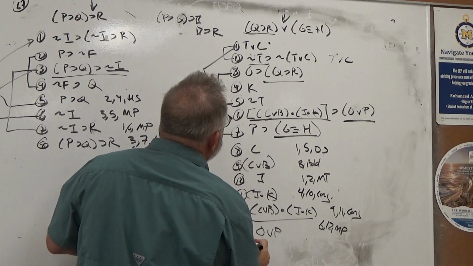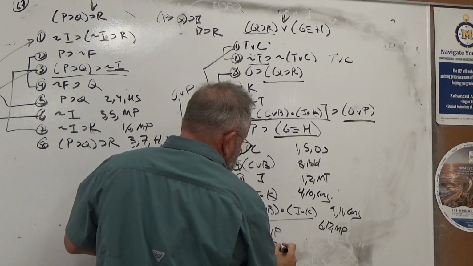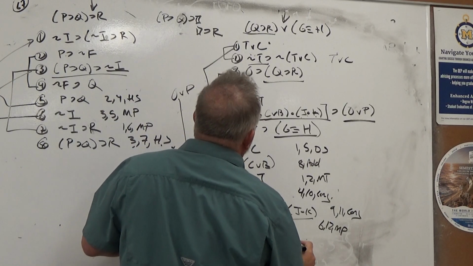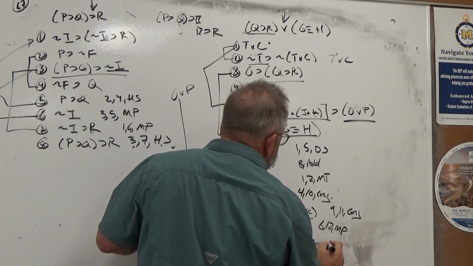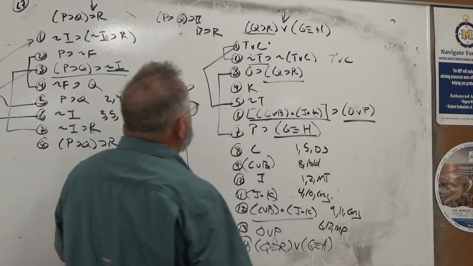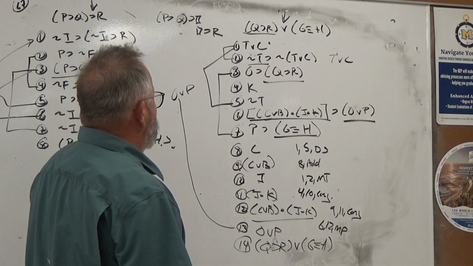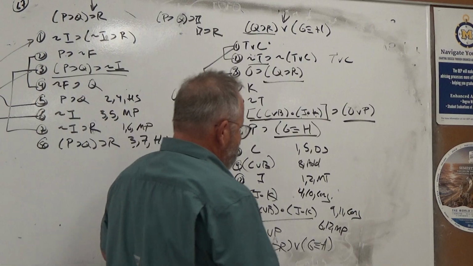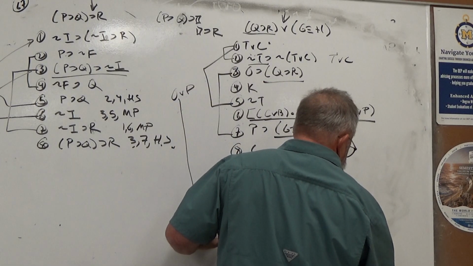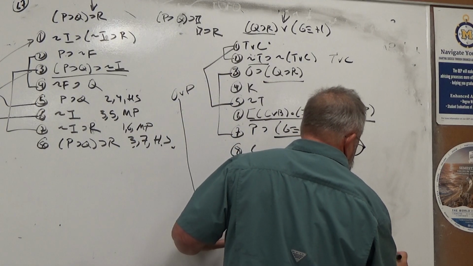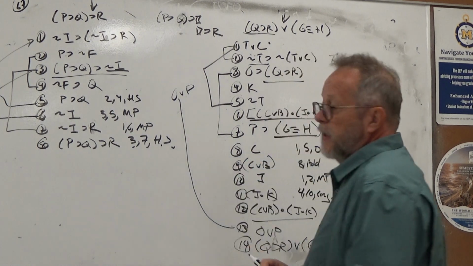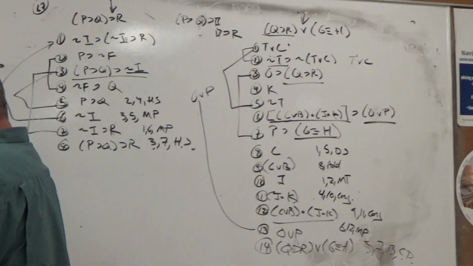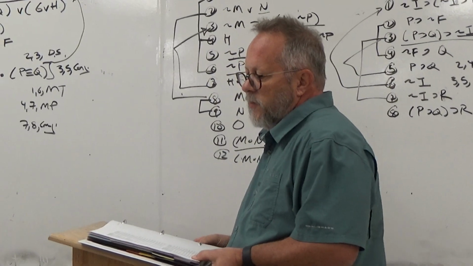And that gets me Q, then R, or G, if and only if H, and that came from 3, 7, and 13. 3, 7, 13, constructive dilemma. And we're done. Okay.